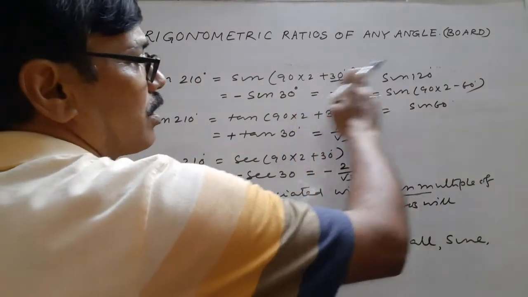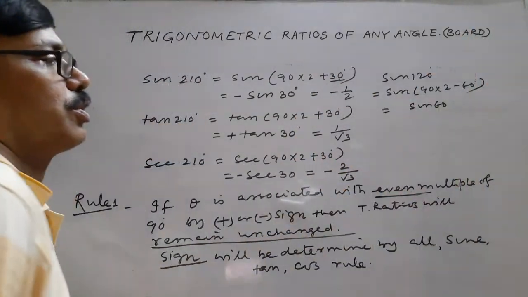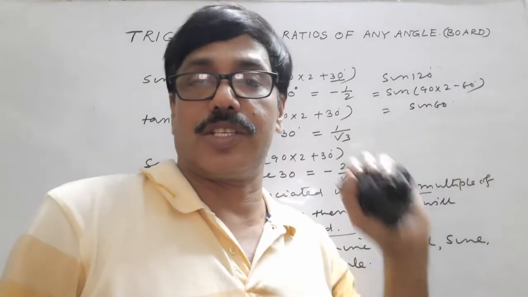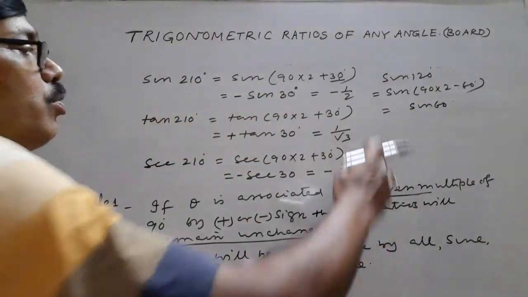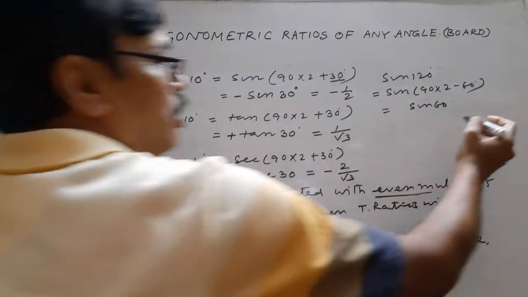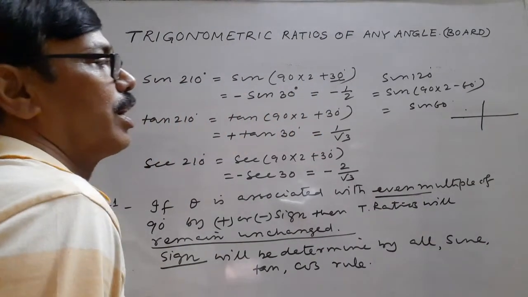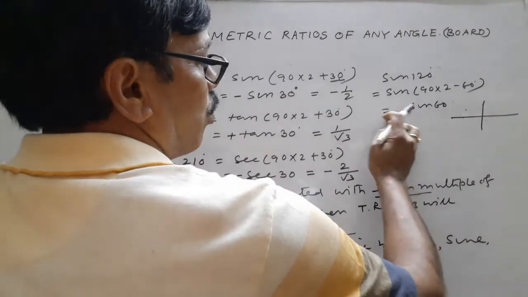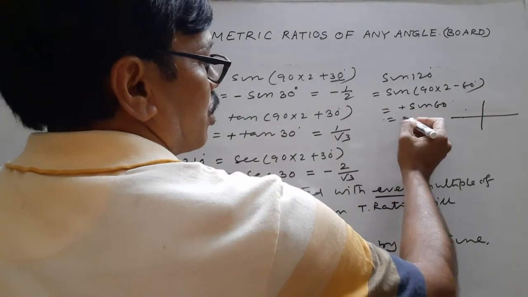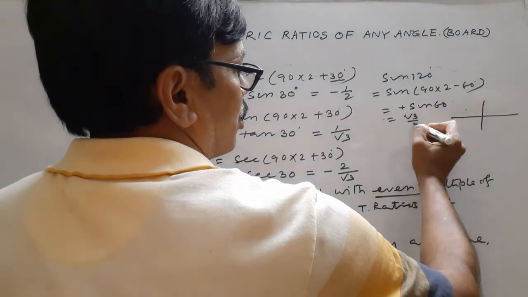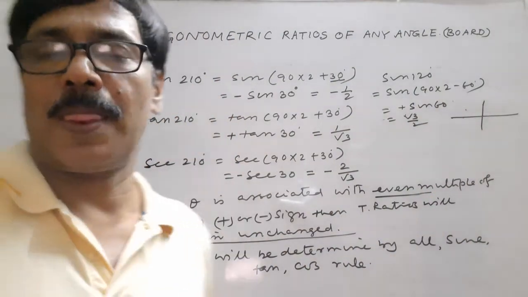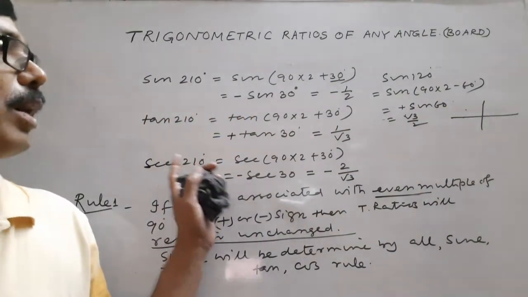Here it is plus, it may be minus. So even multiple, sin 60. Then 120 degree lies in the second quadrant. So in the second quadrant it is positive. So that is why this is root 3 by 2.